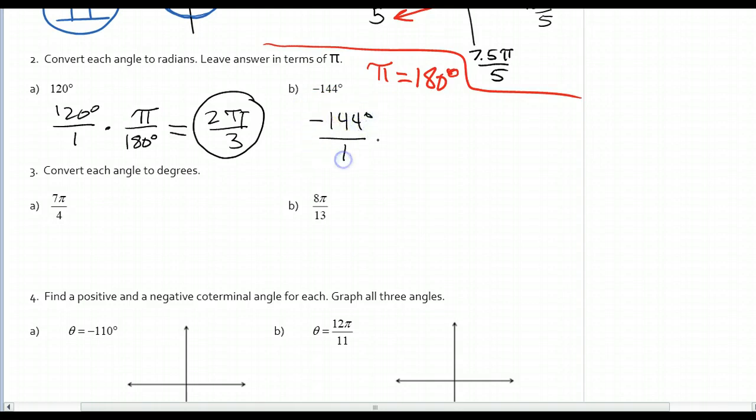Again, I'm going to put that over 1. And then I'm going to multiply by pi over 180. Again, the 180 is going in the denominator, so I know that the degrees in the denominator and the degrees in the numerator are going to cancel. And 144 over 180 is going to reduce to 4/5, so this turns out to be negative 4 pi over 5.